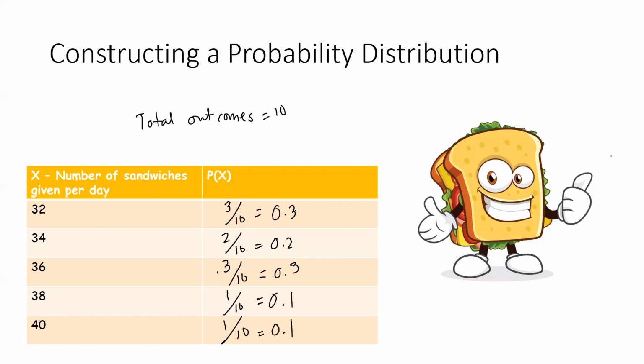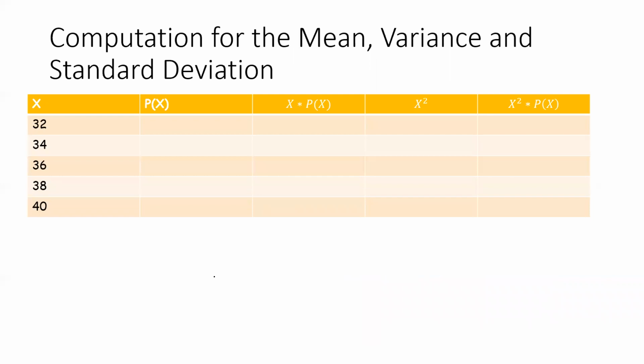So here are the probabilities for each number of sandwiches. Now we're going to create the table where we're going to perform the solution on finding the mean, variance, and the standard deviation.